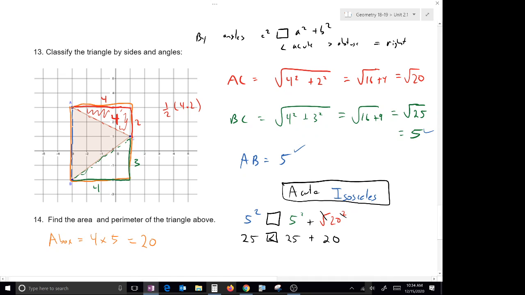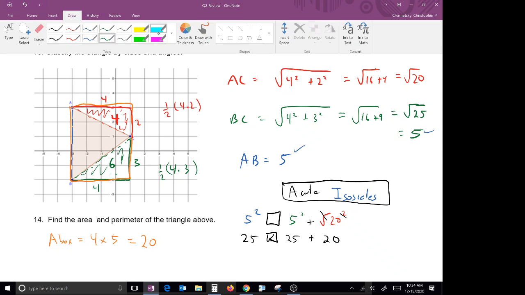And my green triangle will be 1/2 times 4 times 3. 4 times 3 is 12. Divided by 2 is 6. So this is an area of 6.